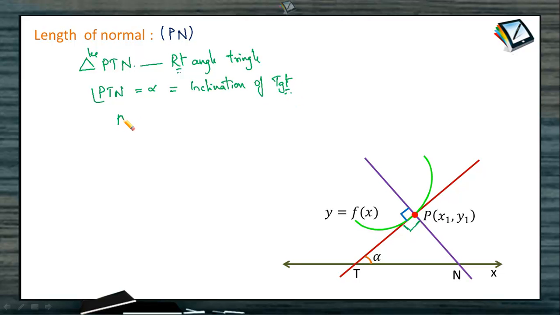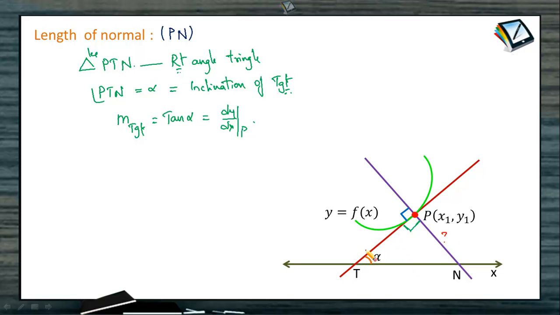Therefore, shall we say the slope of the tangent is nothing but the value of tan alpha, which is the derivative dy by dx of the function at the known point P.